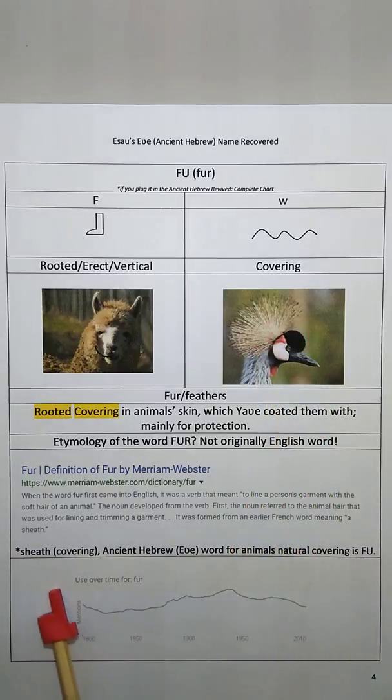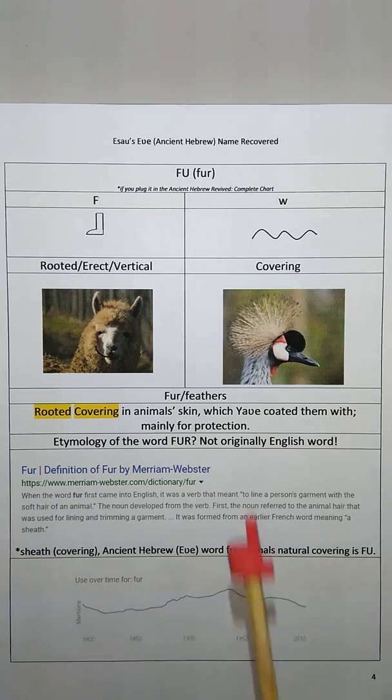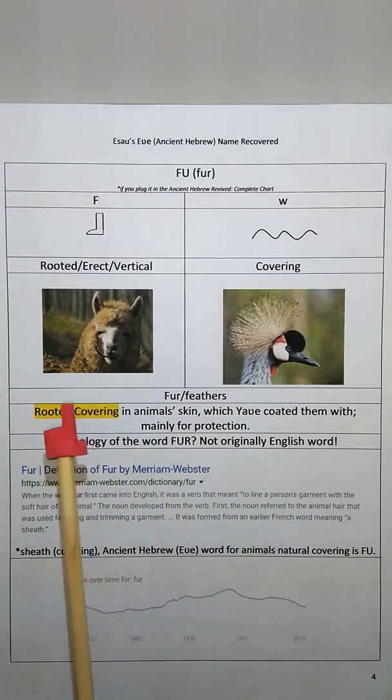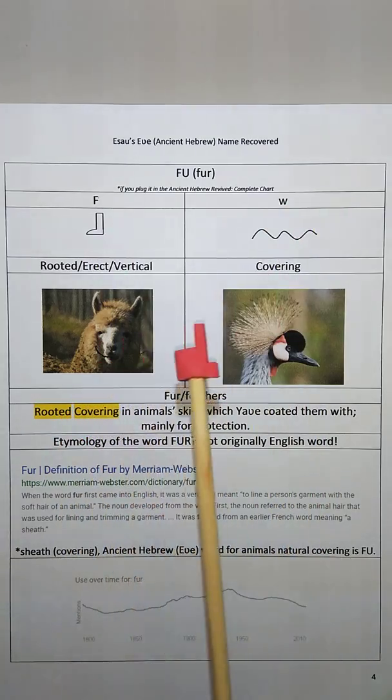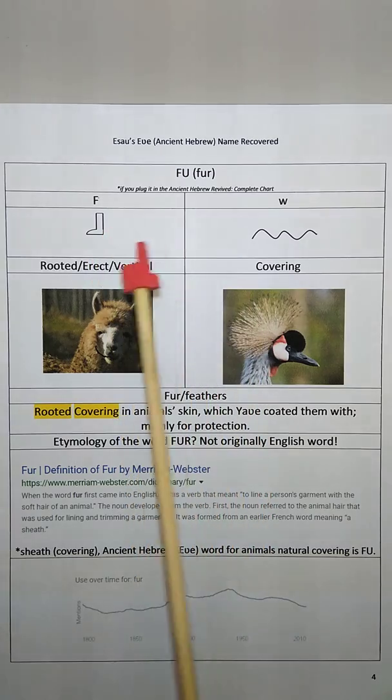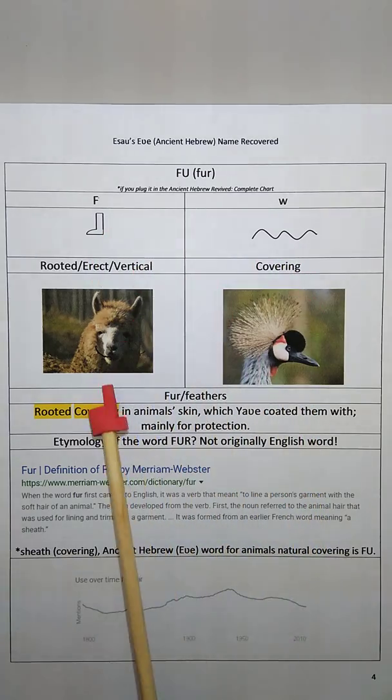As a matter of fact, the word fur became commonly used in the English language in the 1800s. So Fu is an ancient Hebrew word meaning a covering rooted in the animal's skin for protection.